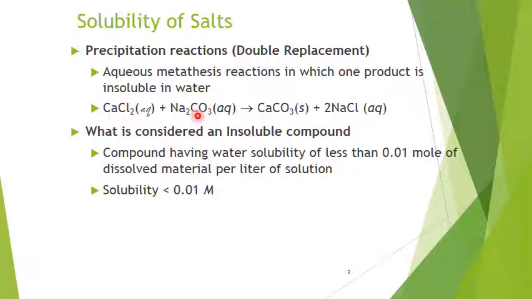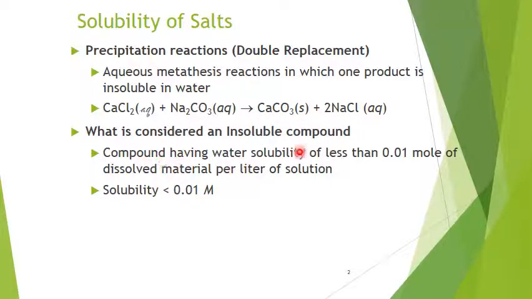Now, it turns out that every ionic compound or salt dissolves in water, even if it doesn't seem like it. So even if it looks like you're forming calcium carbonate, there's probably still some that is soluble. Actually, quite a bit could still be soluble, but you're seeing quite a bit coming out of solution.